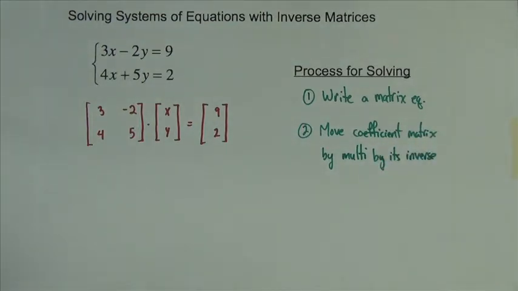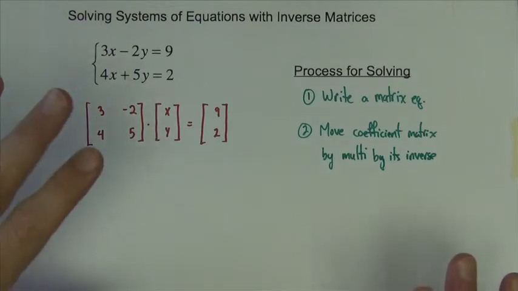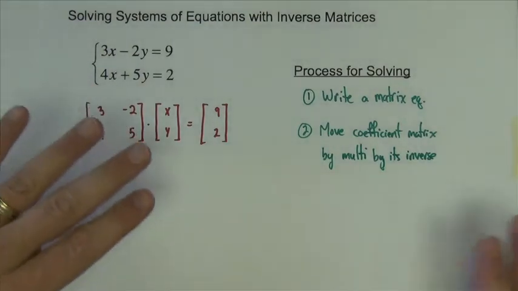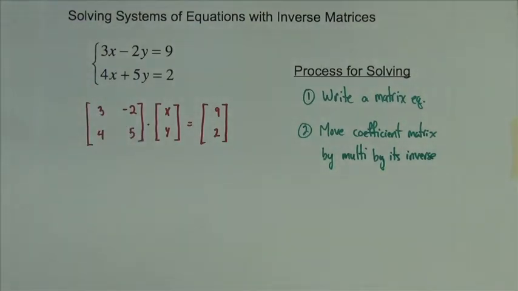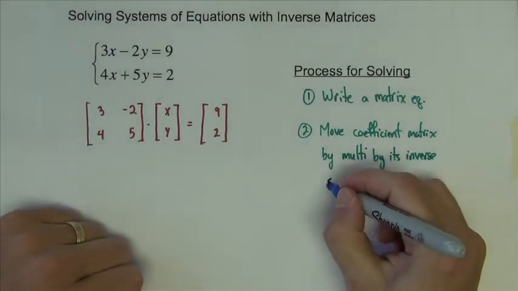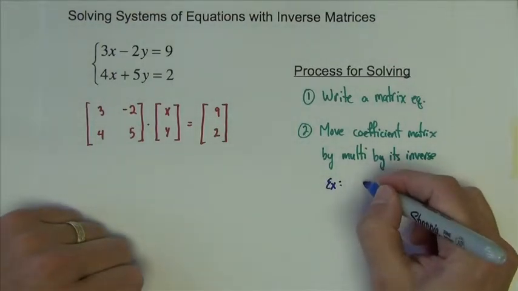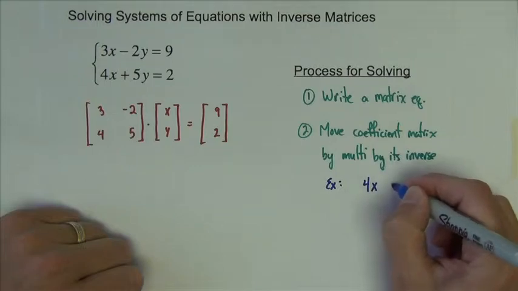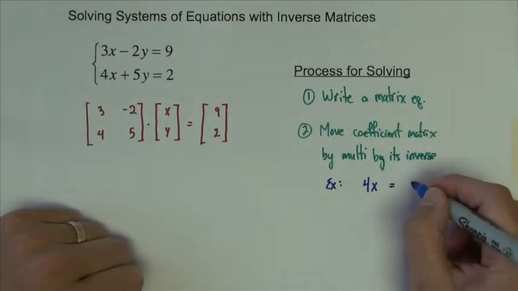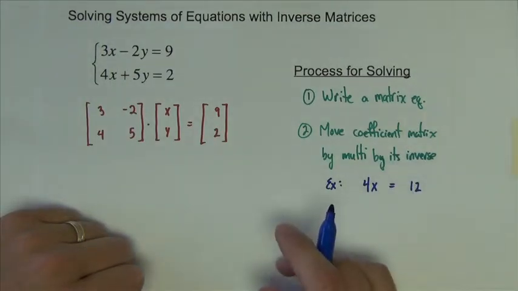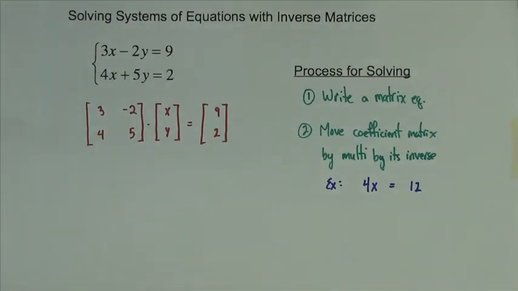Let me show you a similar example, not matrix related at all, that tells you why this works the way it's going to work. Say I gave you the equation 4x equals 12, and I asked you to solve that. Probably everybody watching this would say, divide by 4.